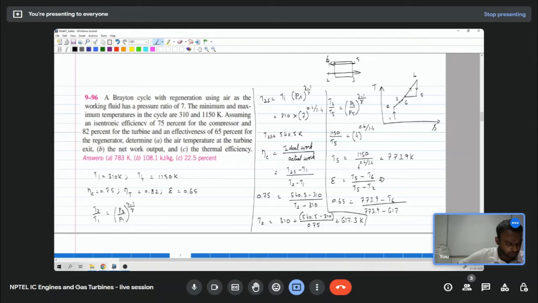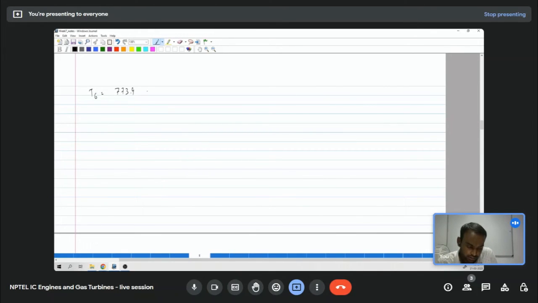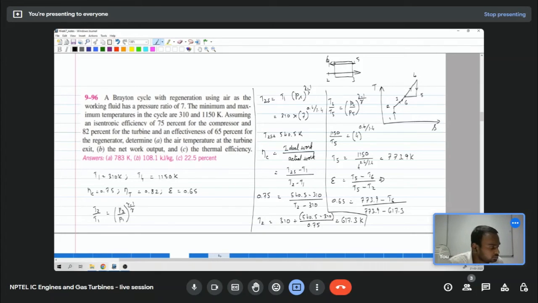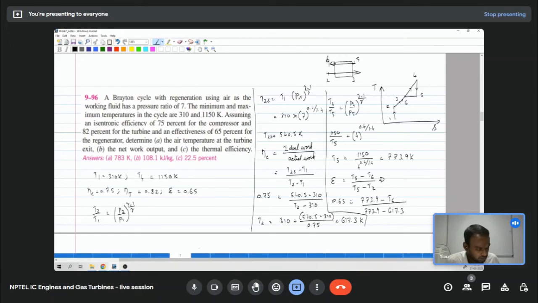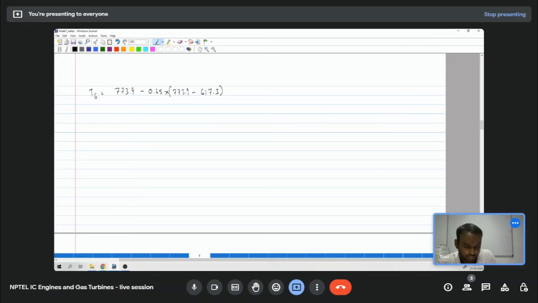T2 is 617.3. Now T6 is 773.9 minus 0.65 into (773.9 minus 617.3). This is 672.11 Kelvin.